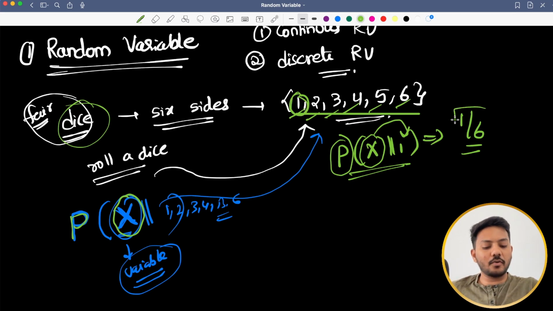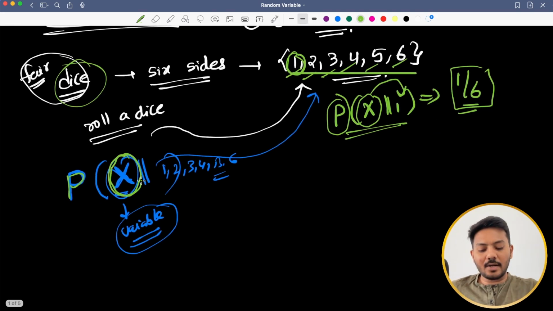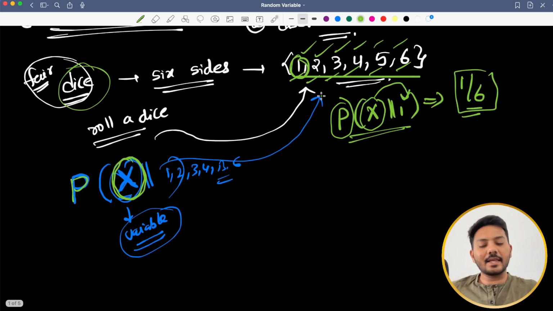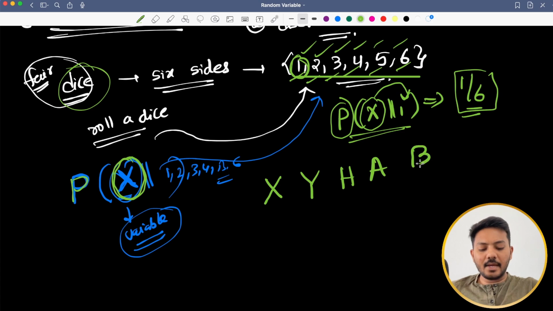So it has a chance of 1 by 6. Hopefully that is clear. So here x is called a random variable and it can get any value actually. And we can calculate what these values are. Typically any random variable is denoted in capital letters, let's say x, y, h, a, b. It could be anything, but we will stick to using x for now.